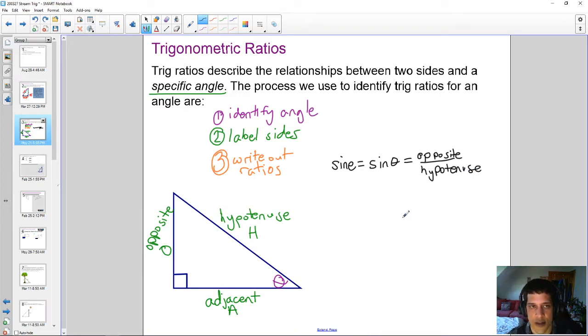Okay? Next ratio, cosine. We write as cos theta, cos theta. Okay? And that one's going to be adjacent over hypotenuse.